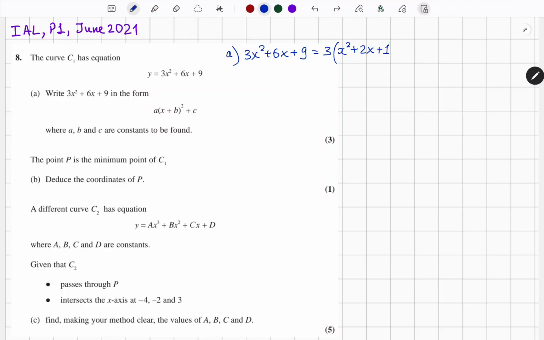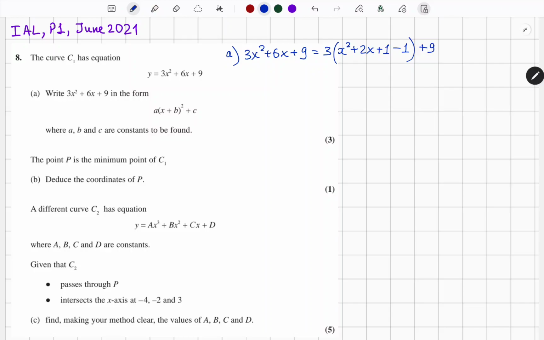Next, I can't add 1 just for nothing. To keep the balance, I subtract 1 at the same time. Now I'm sure nothing has changed, because adding 1 and subtracting 1 cancel out and the result is the same as it was originally.